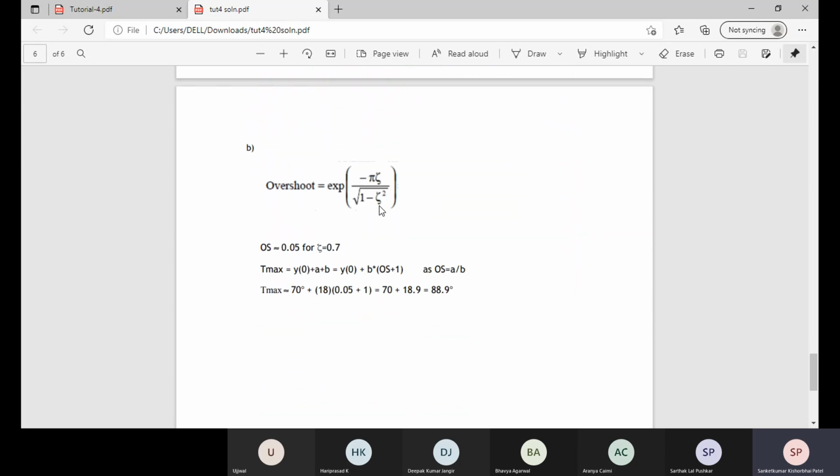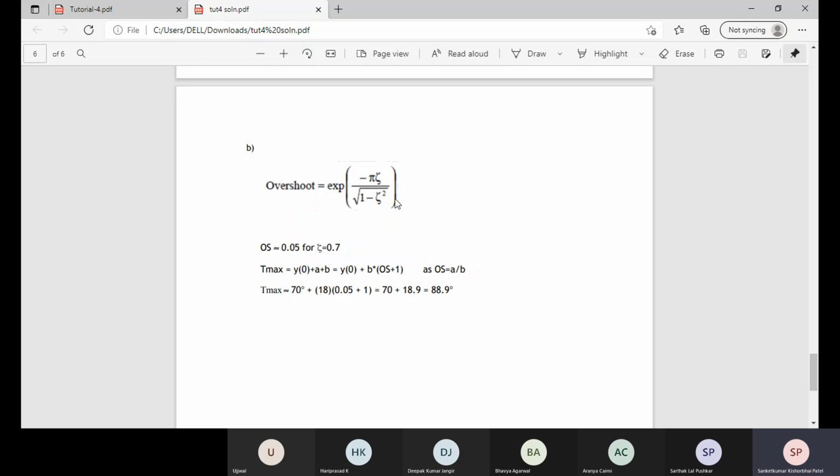For part B, that is the maximum temperature. If this is the maximum temperature, it is simply a sum of A plus B. If we take B common from A plus B, we have A by B plus 1, and A by B is nothing but the overshoot.